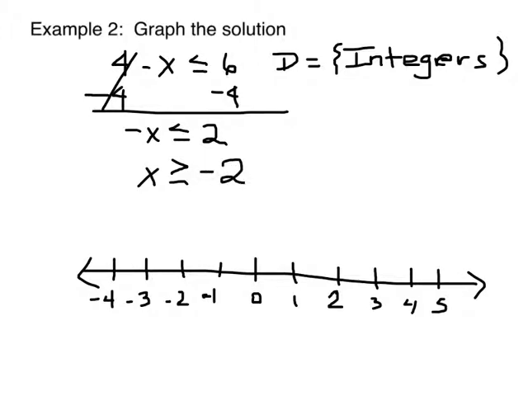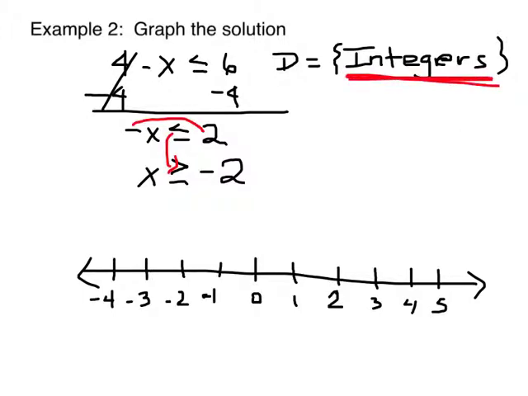See how you just flip things around? Remember, you're going to move this negative over here, and then you're going to flip this inequality sign. Now, how do we graph that? x, and our domain is integers.